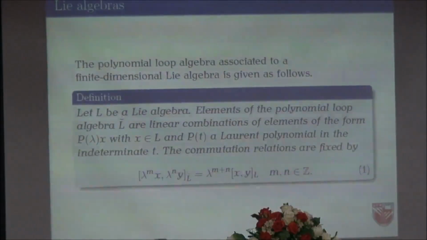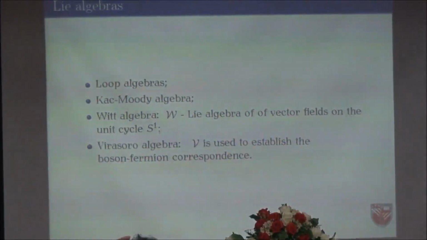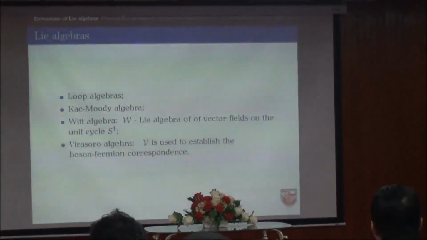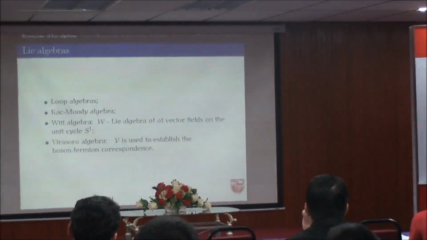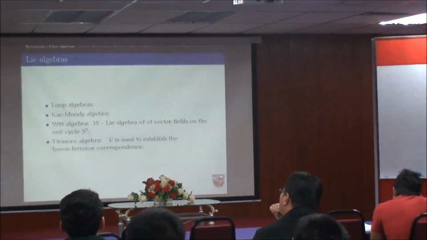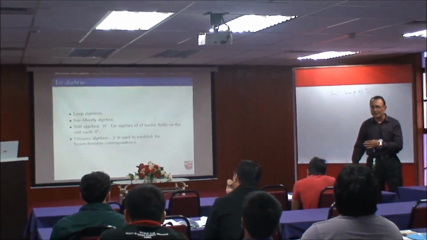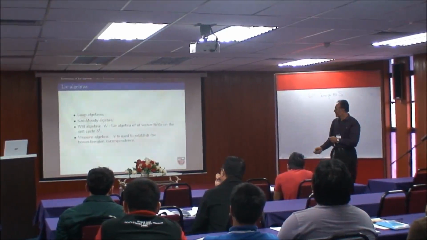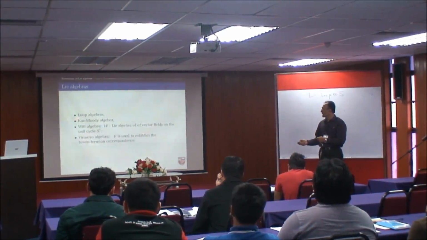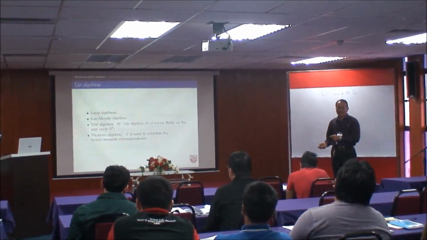Why is extension by derivation important? Because, let me show this slide. So we have these three or four types of algebras. This one is just a few classes. There are a lot of other classes of algebras which are important in quantum physics: loop algebras, Kac-Moody, then Virasoro algebras, then vector algebras.